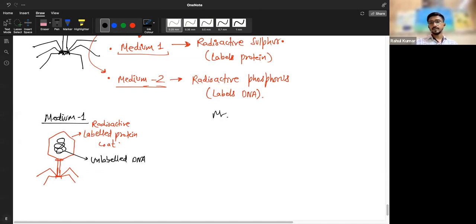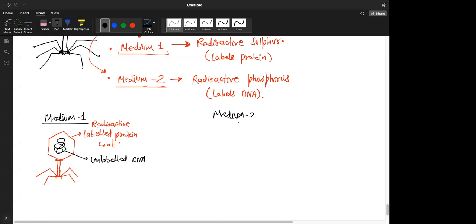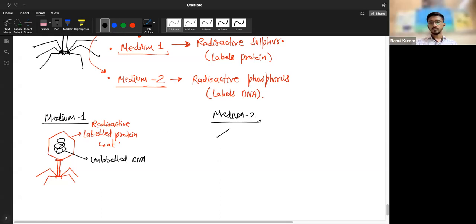In case of medium 2, what will happen? Now, the protein coat will not be labeled. Understood? So you cannot see it. It will not show you radioactivity. But the DNA inside will be labeled now. You understand?